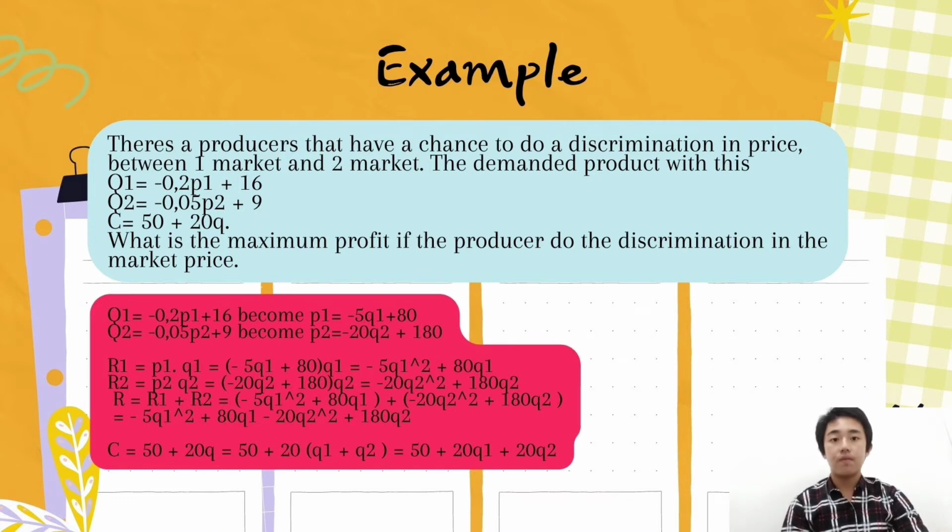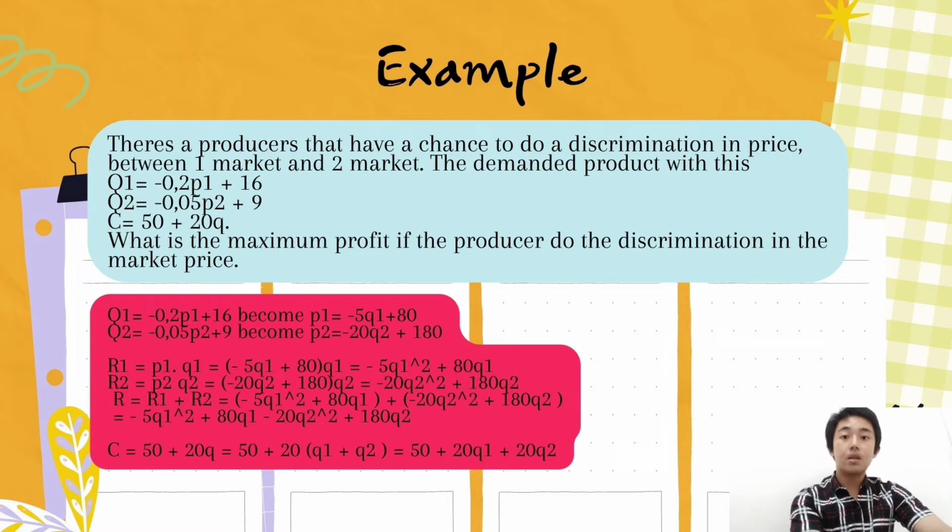Next, we're going to find the total revenue. The first revenue is P1 times Q1. So it is negative 5Q1 plus 80 times Q1, and that gives us negative 5Q1 squared plus 80Q1. The second revenue is P2 times Q2.